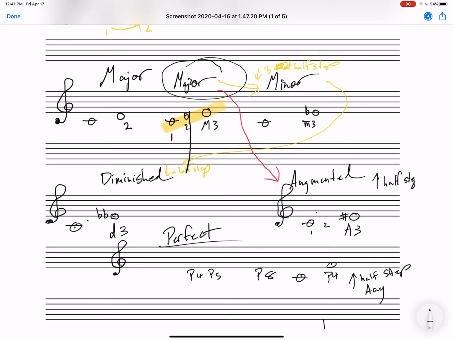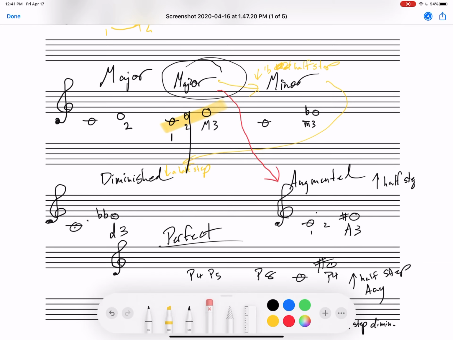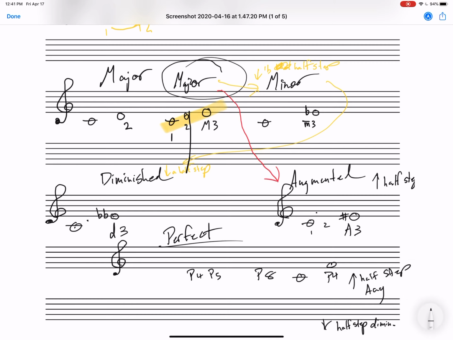And then if we go down a half step, it will become diminished. So if I were to turn this into an F sharp, that would become my augmented fourth. And vice versa, if I were to turn it into an F flat, which is the same thing as an E, that would become my diminished fourth instead.